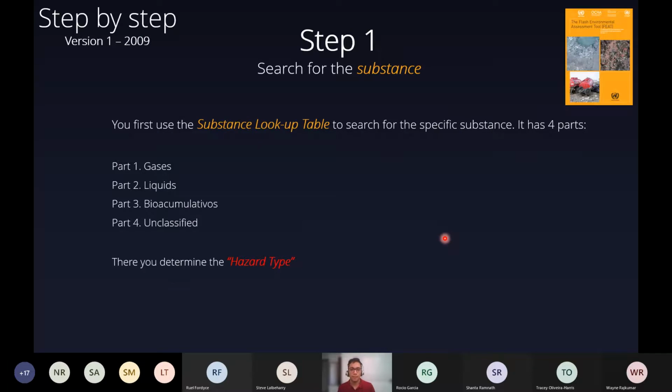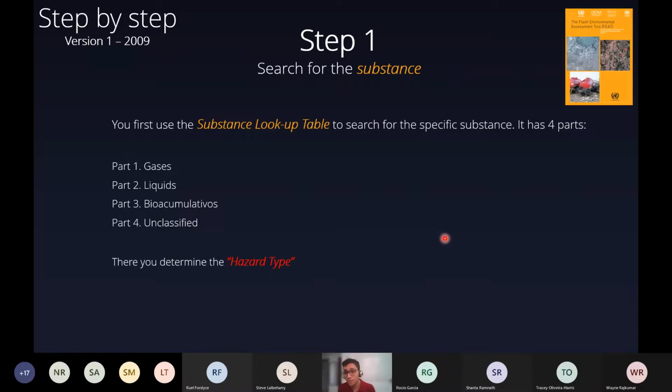So the first step on this guide is to use the substance lookup table to search for a specific substance. Remember, the first step on the pocket guide is the same, but in this case, we need the exact name of the chemical. Why the pocket guide had 2 more options?